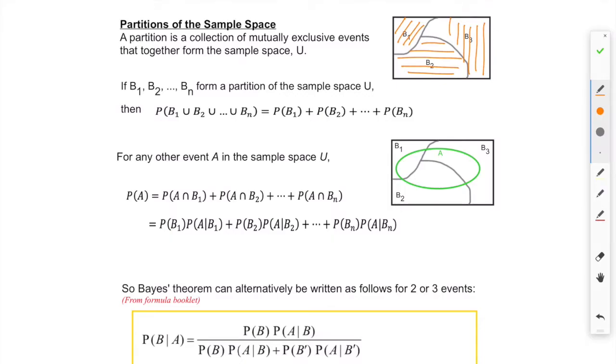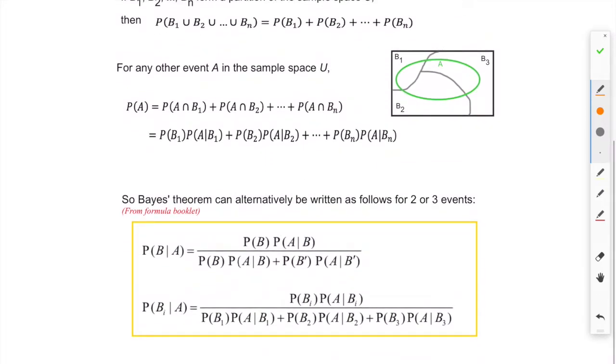Let's introduce another event A now. And suppose that this event A spans or overlaps all 3 partitions, B1, B2, B3, as shown on this diagram. Then how do I find the probability of A altogether?